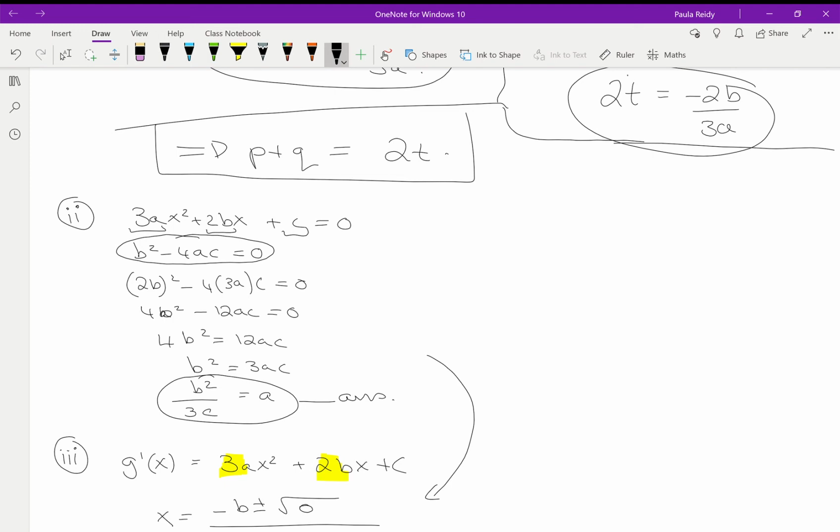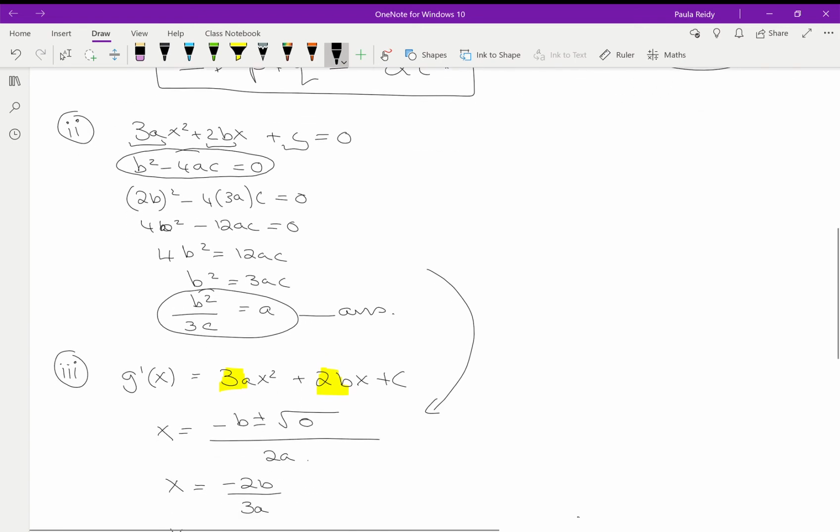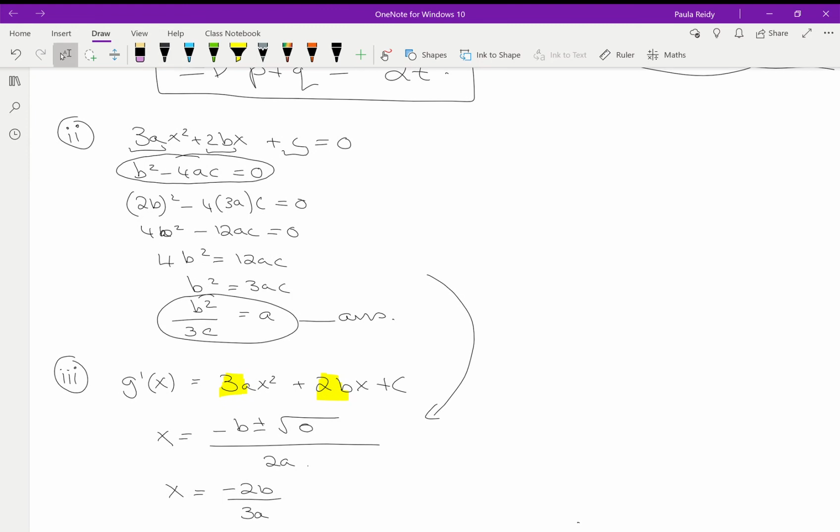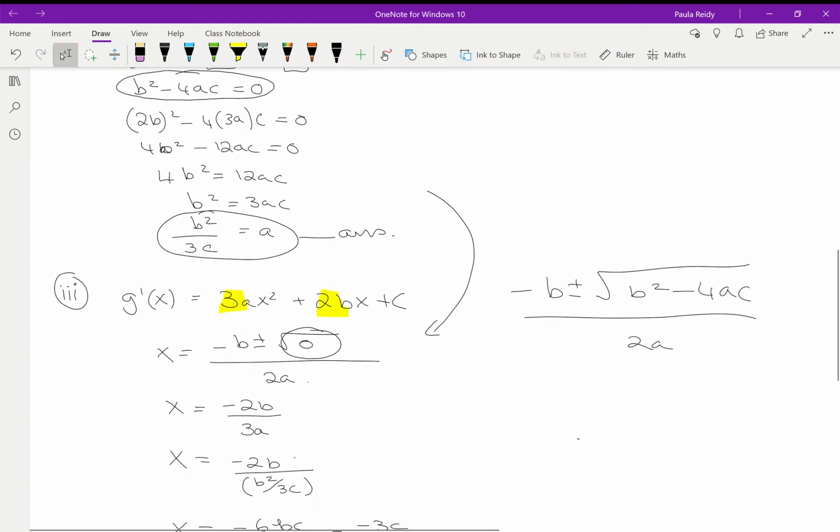Now just to give you a quick look at how to do part 3, I'm not going to fully finish it out. If you know that there is only one solution, then you know that the b squared minus 4ac bit is 0. So I put this into the minus b formula, which is normally minus b plus or minus the square root of b squared minus 4ac, over twice a. You'll have to read the question to understand where I'm getting at.